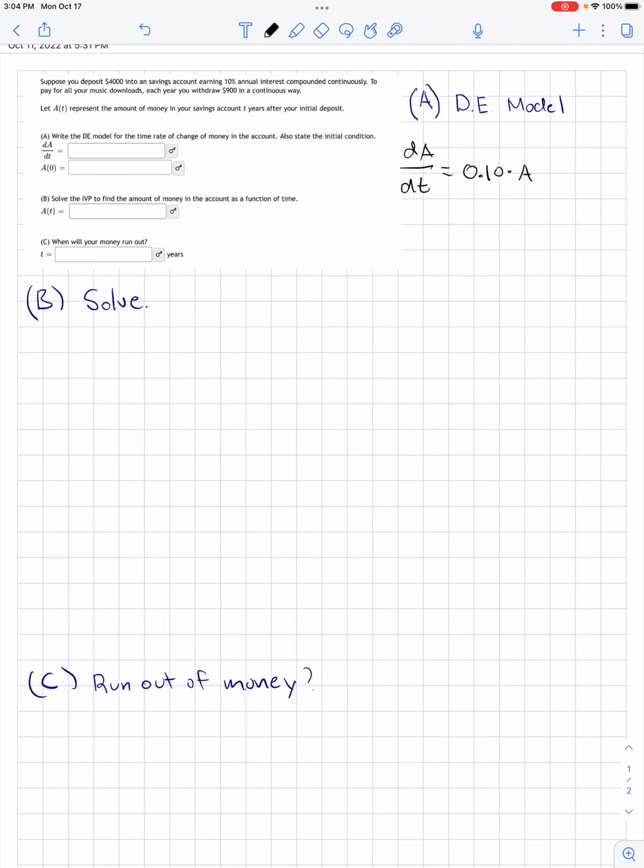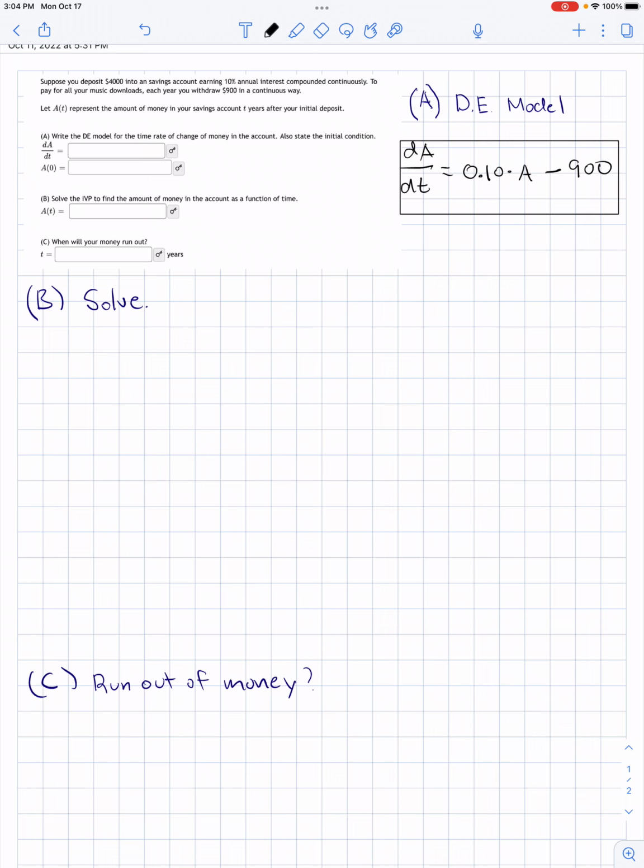And then we also know that $900 is taken out continuously. So, right here, we have our differential equation.